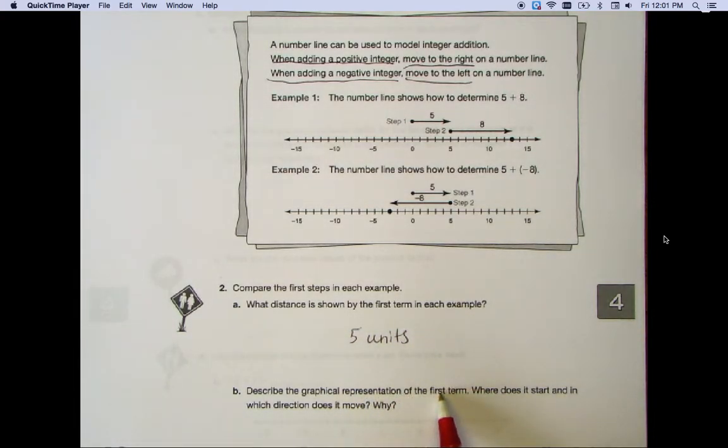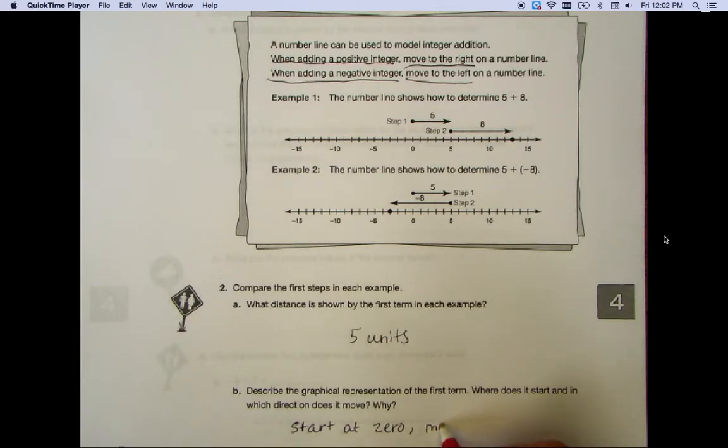Describe the graphical representation of the first term. Where does it start and in which direction does it move? So we always start at 0 and we moved 5 units to the right because our number is a positive 5. Because 5 is positive.